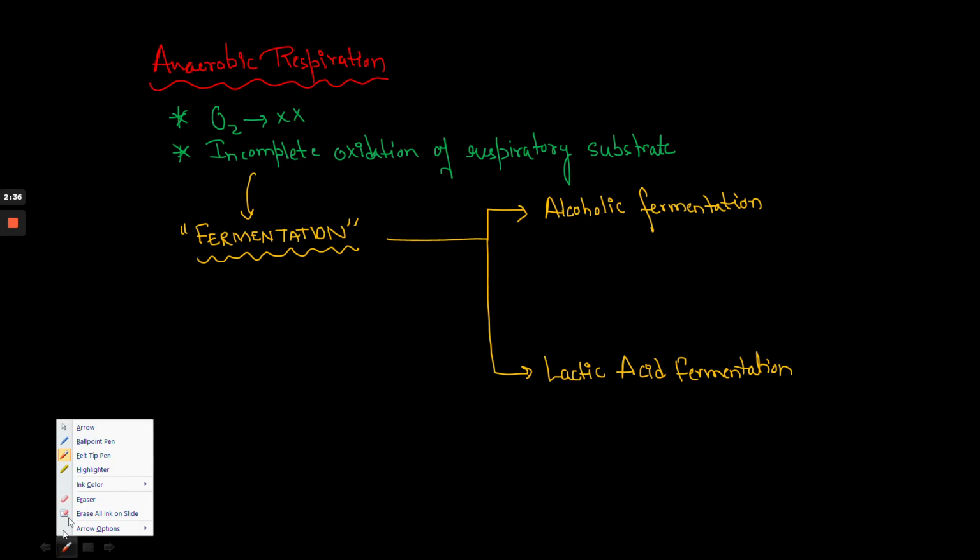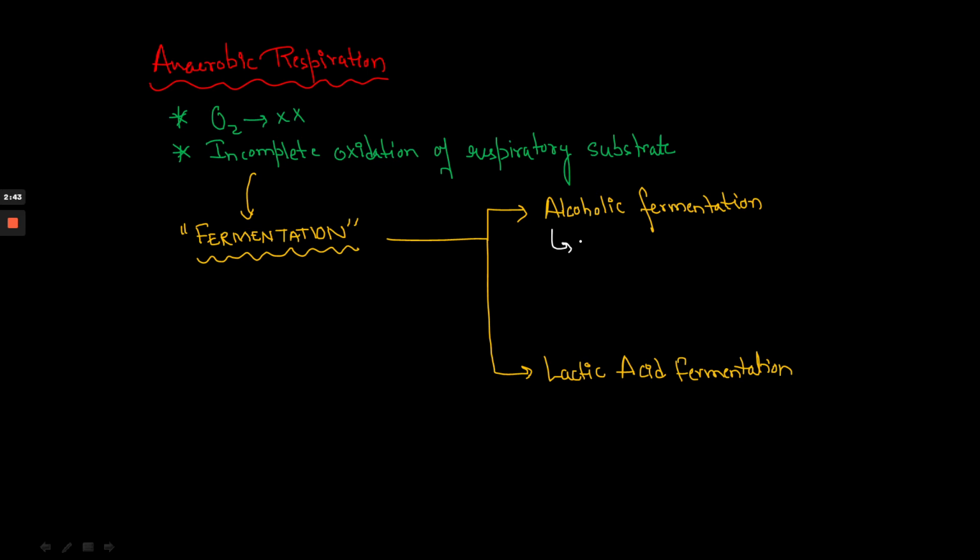Alcoholic fermentation occurs in yeast cells, while lactic acid fermentation takes place in animal muscle cells.